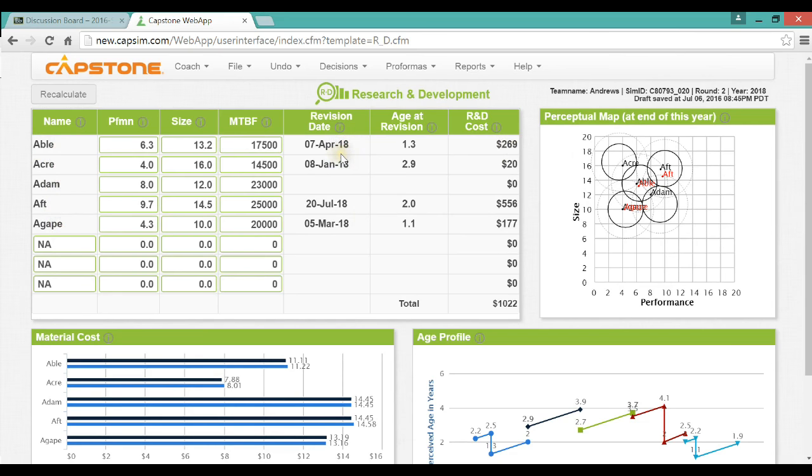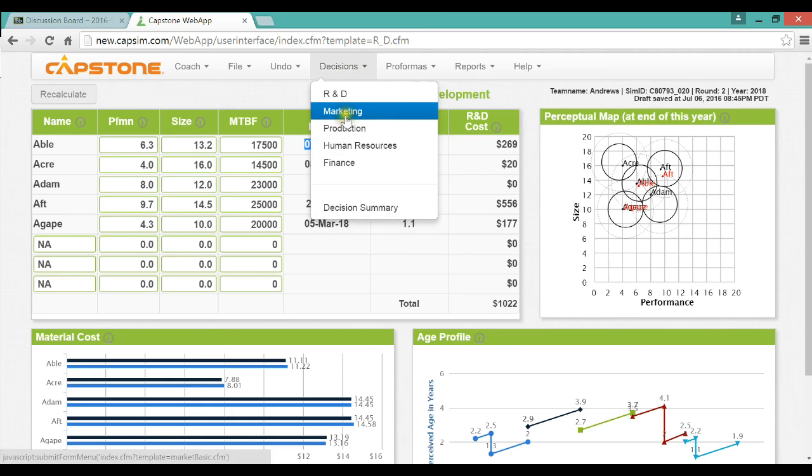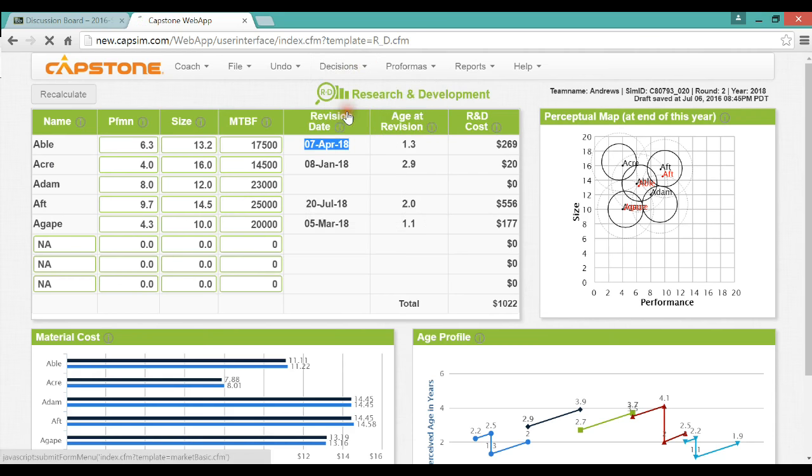So you can only make a change here if your product has already been revised in completion. So that's it for R&D, and usually that's the one that takes the longest. Now we can move on to marketing.